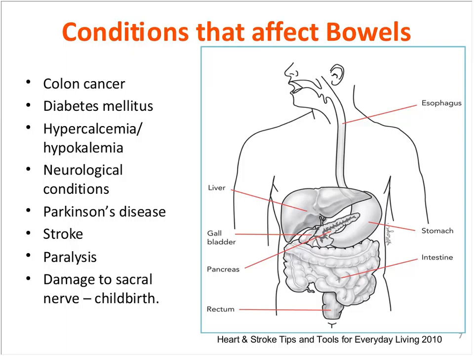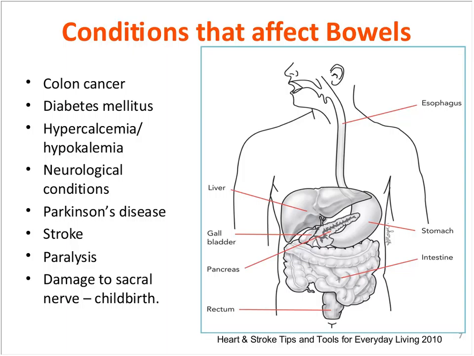So things like hypoglycemia or hypokalemia, where you don't have enough calcium or potassium, slow the function of the muscles in the bowel. Neurological conditions like Parkinson's disease, stroke, paralysis, multiple sclerosis, even damage to the sacral nerve during childbirth can affect how well the nerves in the rectum respond to the feeling of being full.